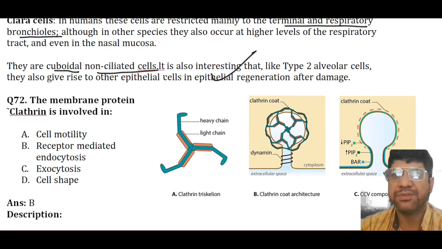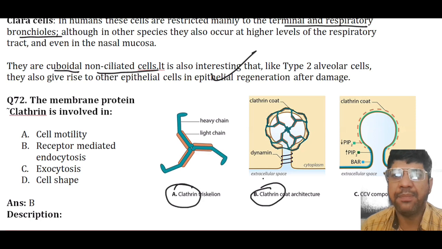So this process involves the selective uptake of specific molecules from the extracellular fluid by the cells. So the clathrin coated pits form on the cell membrane, and these pits are coated with the clathrin protein.